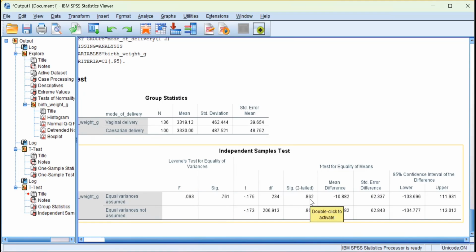If it is significant, you choose the second row. How do you interpret the second row? The second row has its own p-value, 0.863. Although they're almost the same, there are some slight differences. Its own lower limit is negative 134 to 113.